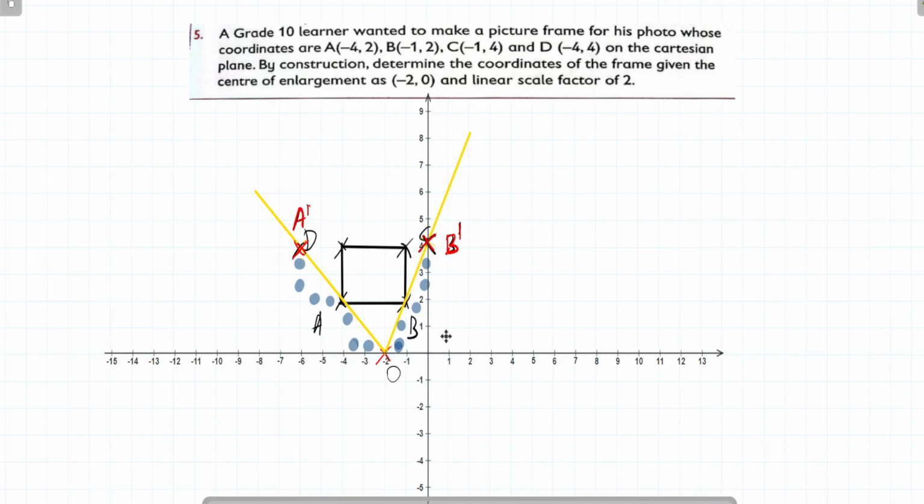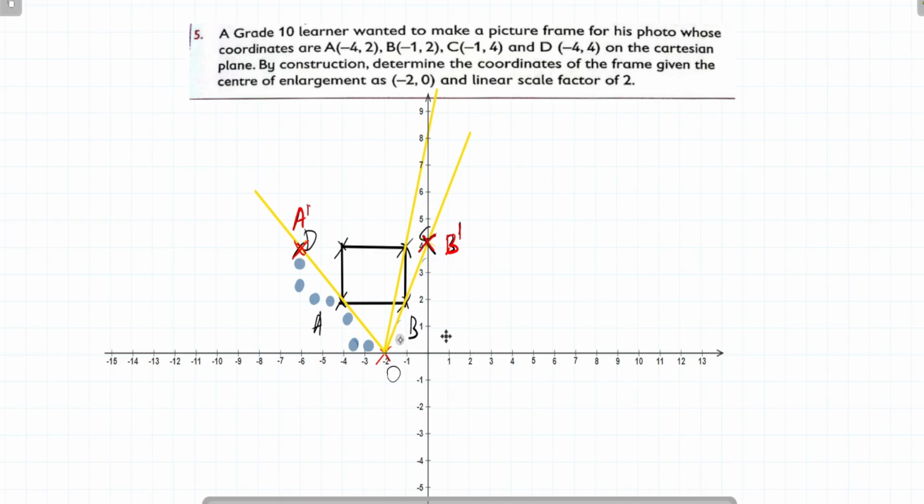So yeah. Now let's go to C prime. From the center to the object is around here. And now do the same thing. So you do the same exact thing. So let's watch it, so easy.